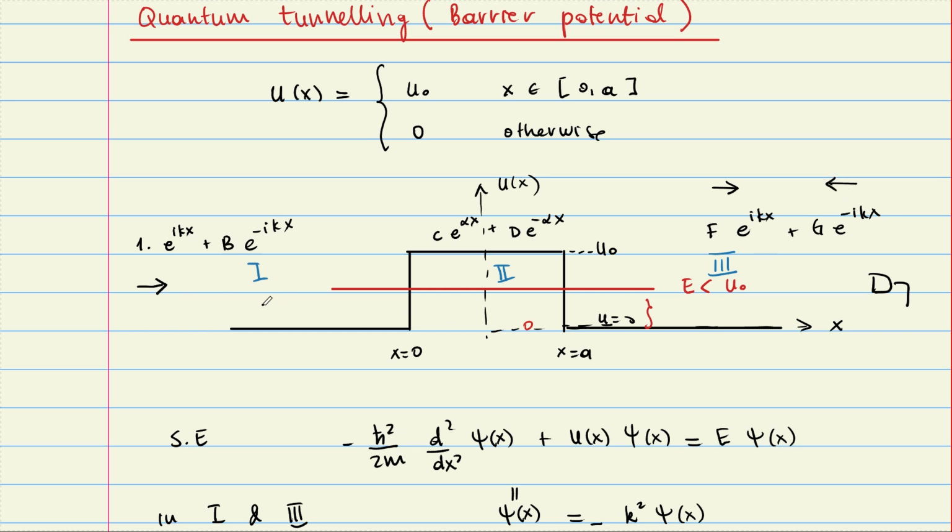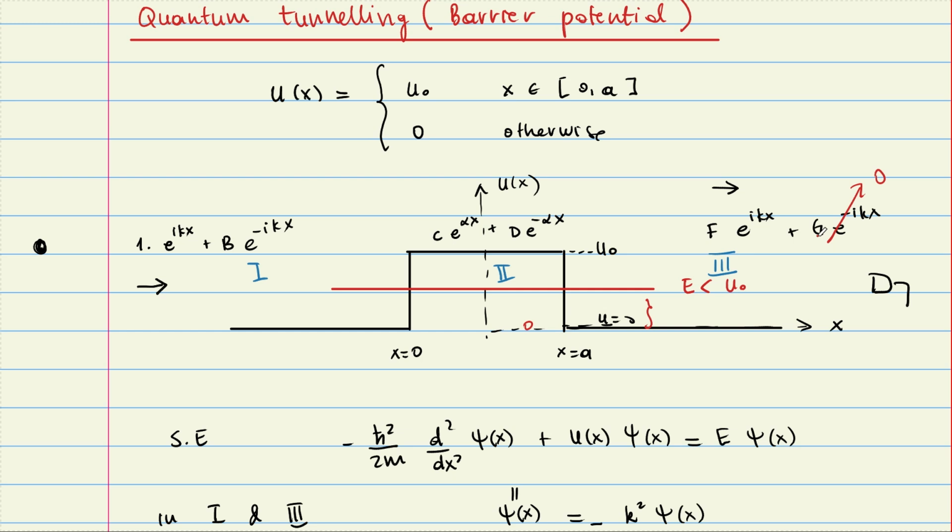But if I send it from here, what comes out just goes on, right? If the source of the wave is here, there shouldn't be any left movers on that side. So I am going to cancel this one. So this is 0. So there can only be a transmitted wave on the right-hand side.